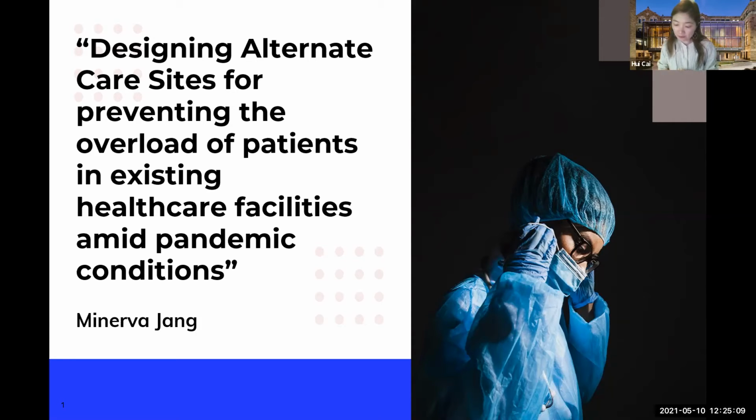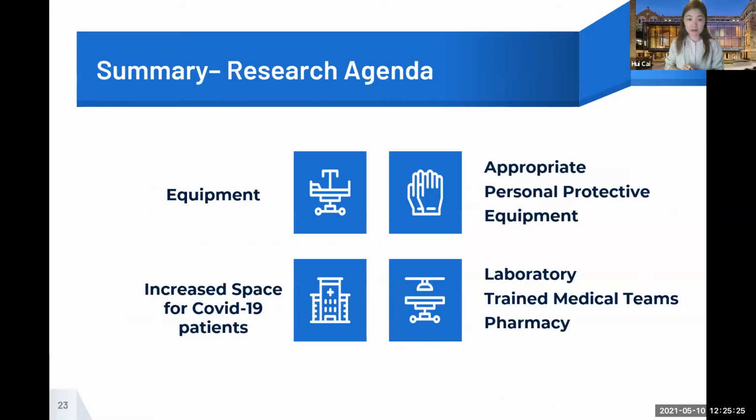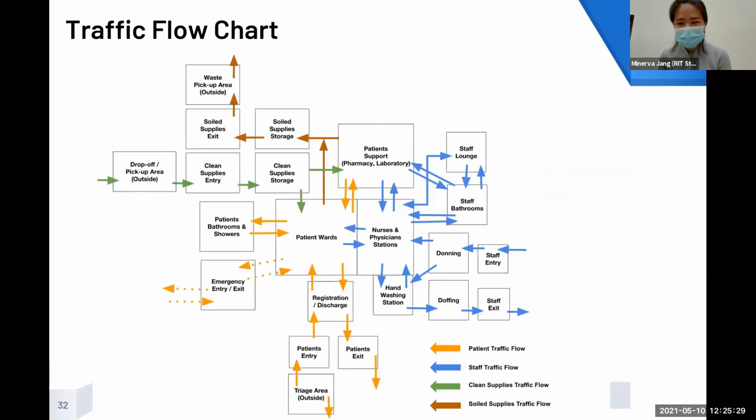I have a couple of questions, comments or suggestions. Can you please go to your traffic flow chart that shows the adjacency and the movement? First of all, I think you did a good job in terms of separating the patient traffic flow, the staff, and clean and soiled supply, which is really important in healthcare design.